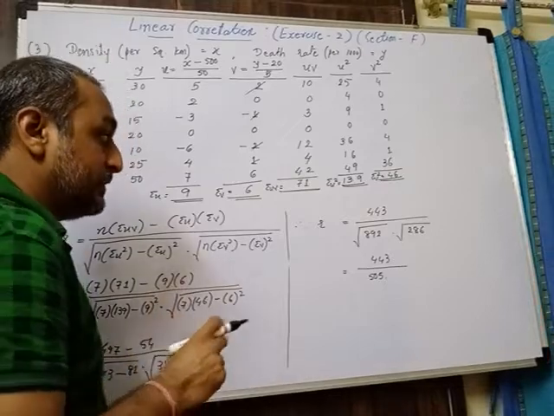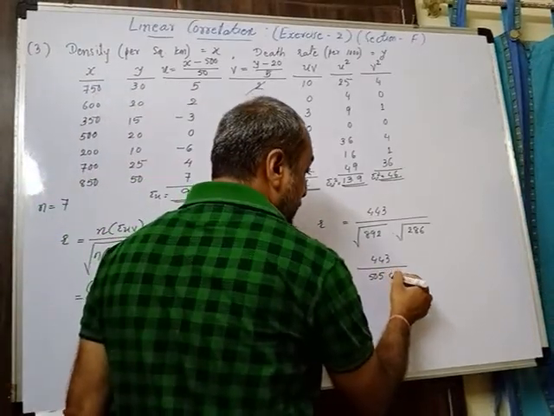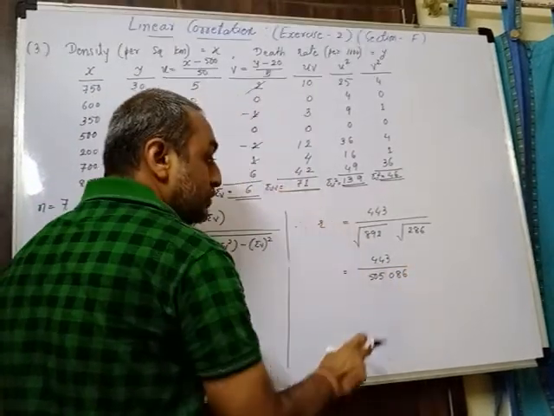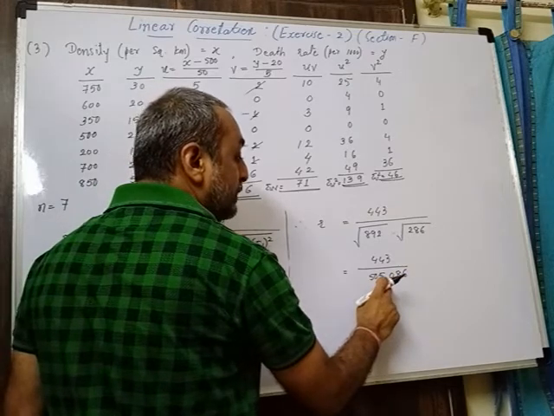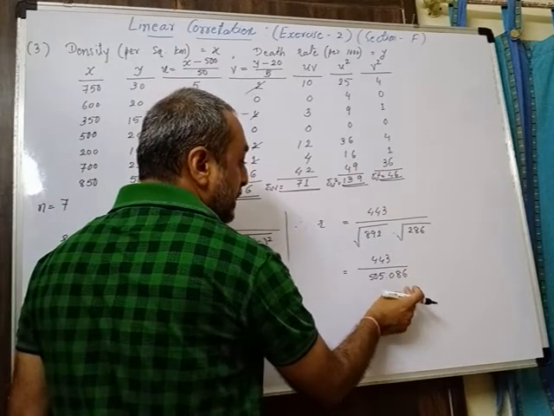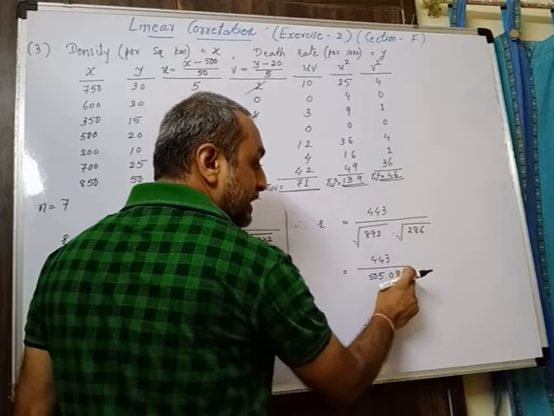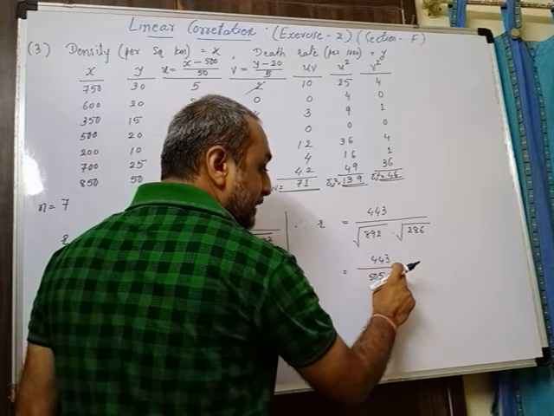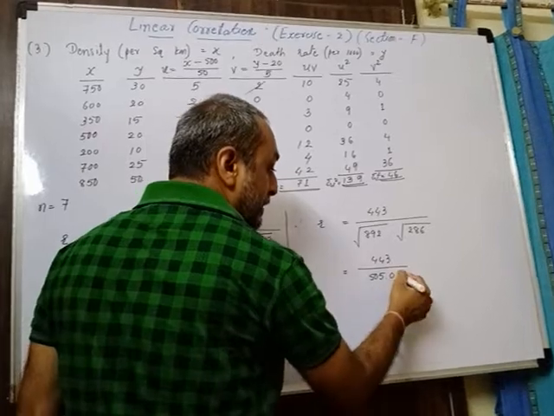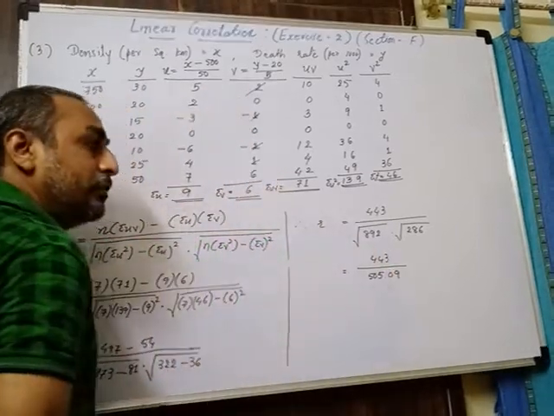505.086 we have available. So 086, see, this is the important thing. What is the change you have to do? The third digit, we have to write the value after the decimal point up to 2 digits. But if the third digit is 5 or more, you have to add 1 to the preceding value. So in that case, instead of 08, we can write 09. That is how you have to write. Okay.